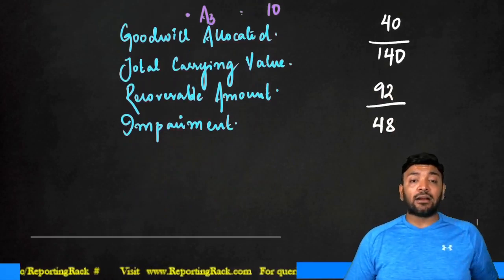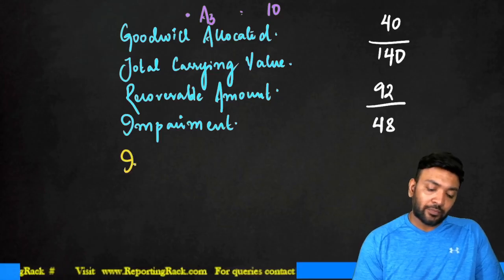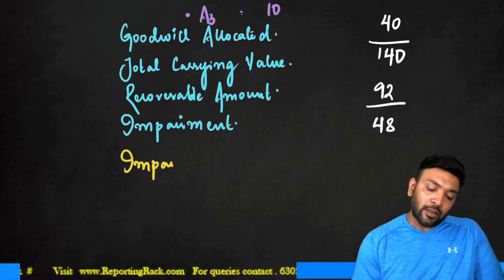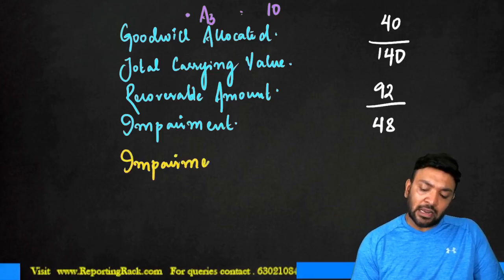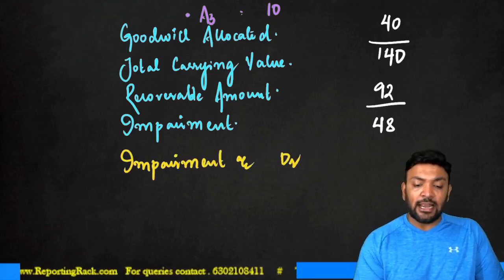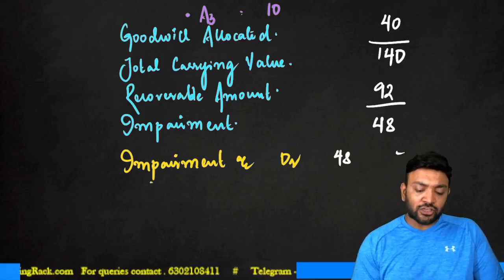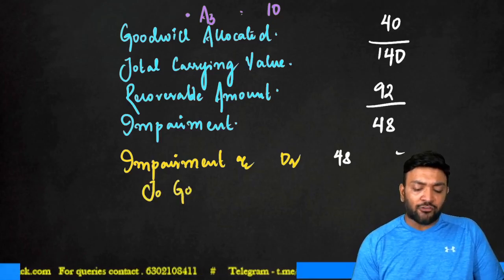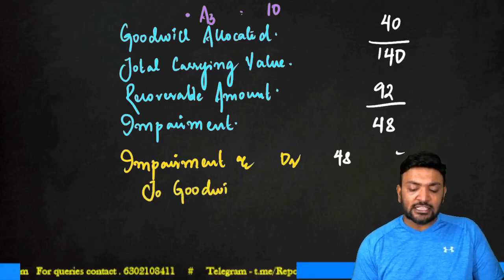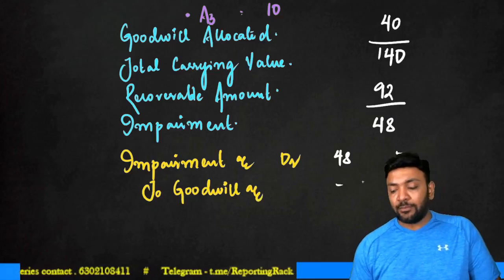Now what is the recognition that you write? I'll recognize the entry like this. Impairment account debit 48. First should be allocated to the value of goodwill, which is included in the carrying value of the asset, which is 40.